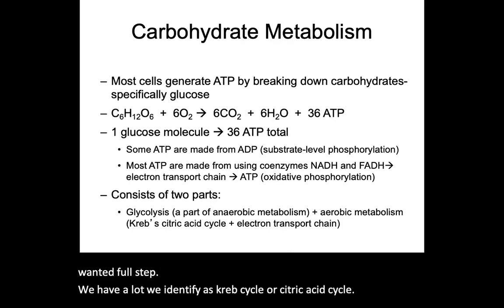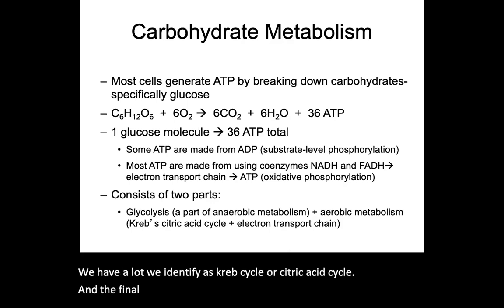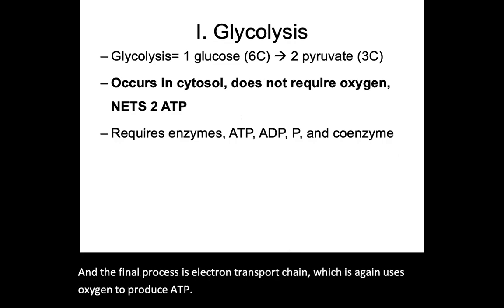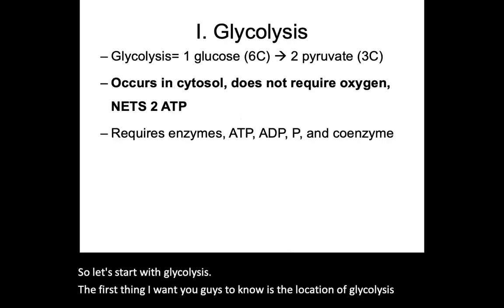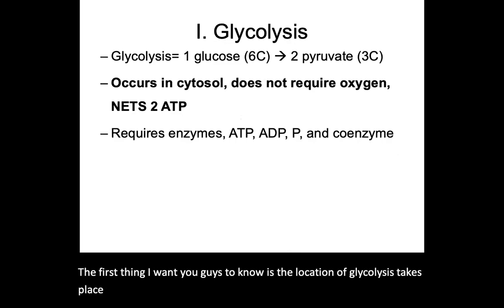And the final process is the electron transport chain, which again uses oxygen to produce ATP. So let's start with glycolysis. The first thing I want you to know is the location of glycolysis. Glycolysis takes place within your cytoplasm, which is basically the space within the cell.